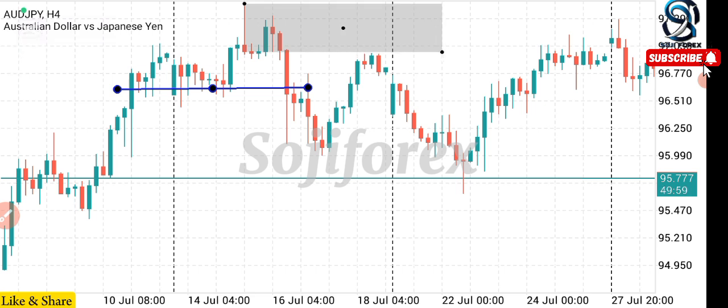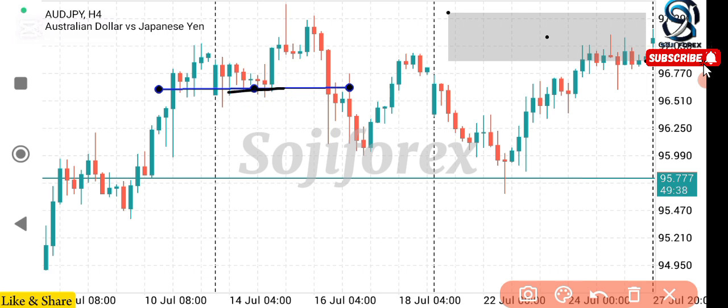But even before then, we need to identify what we call the range. We need to identify our range. What is your range? Your range is the recent price movement, which is the structural movement. So now that we had a break of structure here, all of this movement here that breaks structure is our range.